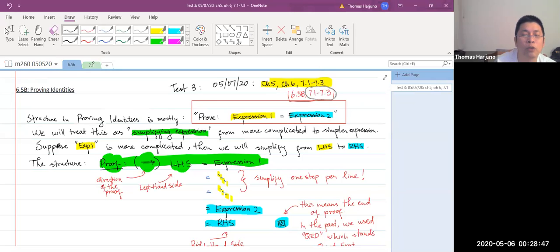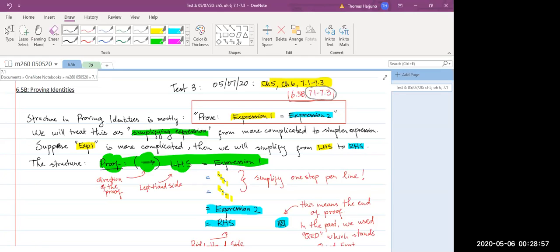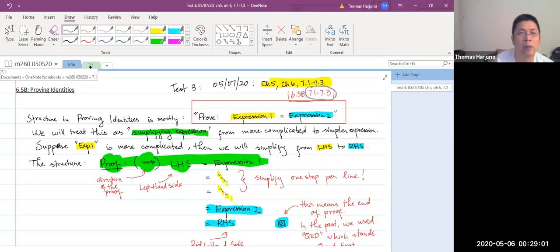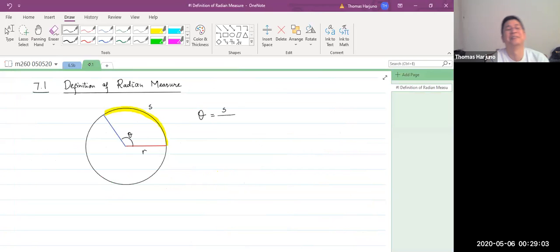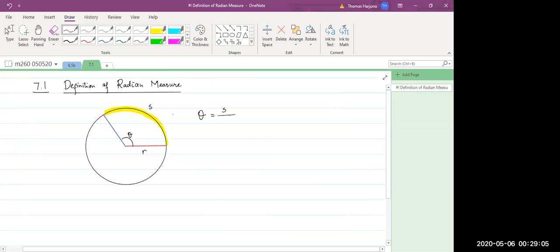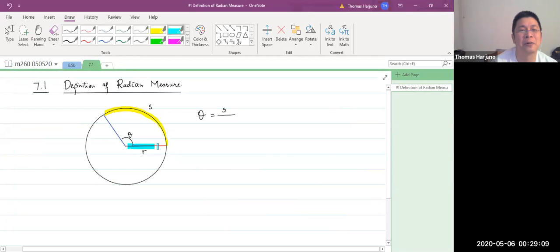Yes, 7.1 to 7.3 is still in your test on Thursday. You learned this already in trigonometry, so we just review it. Of course, if you don't learn trigonometry right, then blame that teacher. You learned this before.